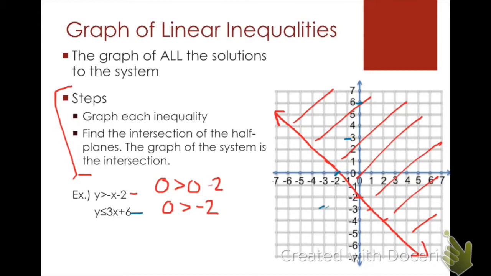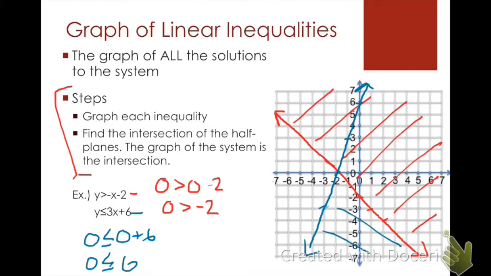And my line would look, sorry about that, like this. And then if I put my test point in, is 0 less than or equal to 0 plus 6? Well, yes, 0 is less than or equal to 6, so (0, 0) is a solution. So I would be shading in this region.